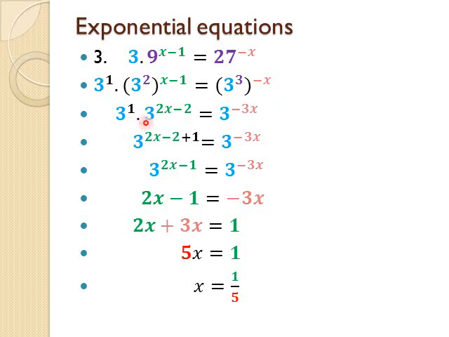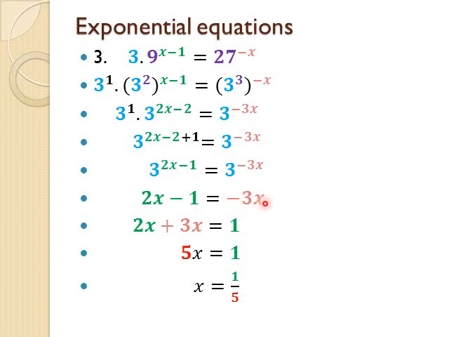First law of exponents: if the bases are the same, we add the exponents, so that becomes 2x minus 2 plus 1, and there simply stays negative 3x. Right, minus 2 plus 1 would give me minus 1, so I have 2x minus 1 minus 3x. Bases are the same, so we can drop them, and I'm left with 2x minus 1 equal to minus 3x.